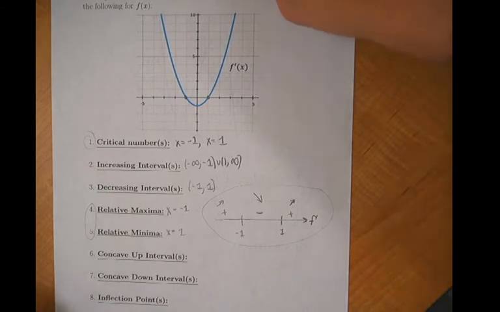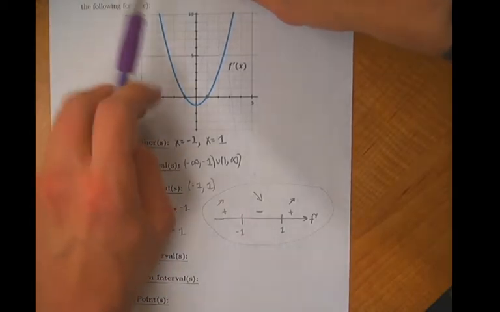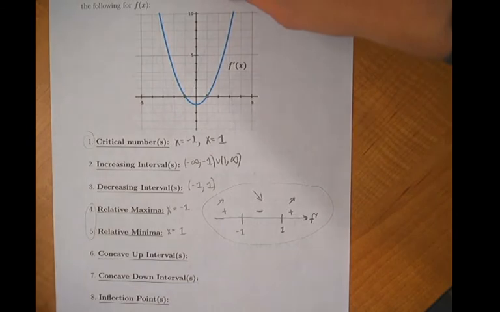Now for concave up intervals, we have to focus on when f prime of x is increasing. So when is this graph increasing?